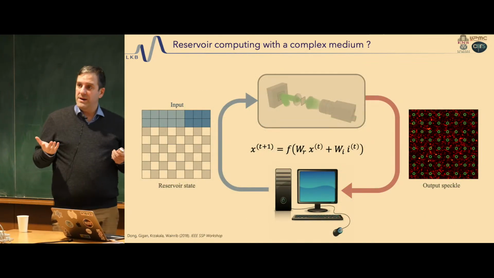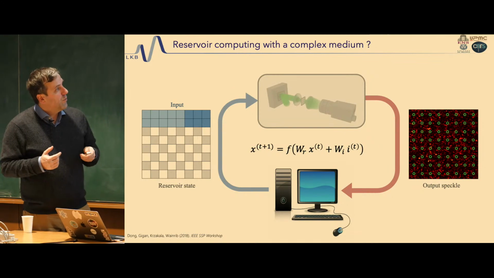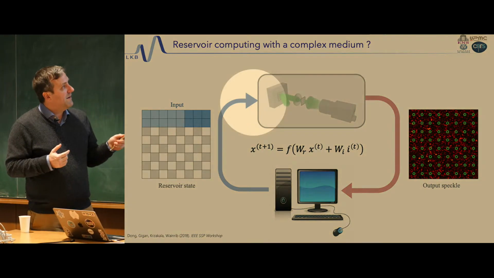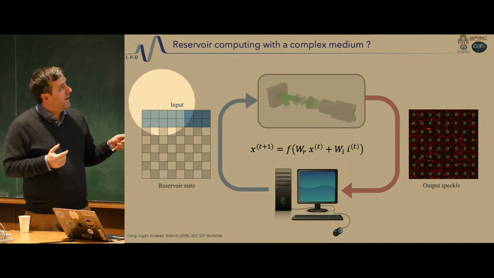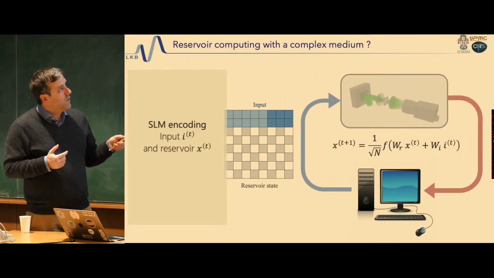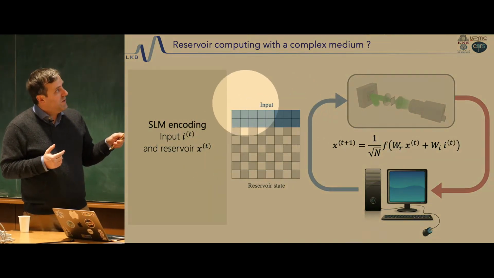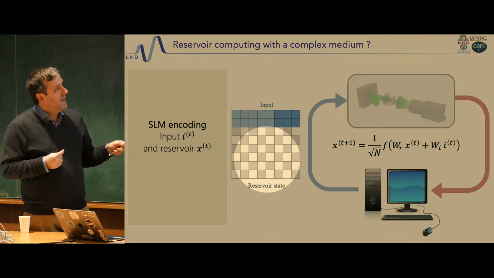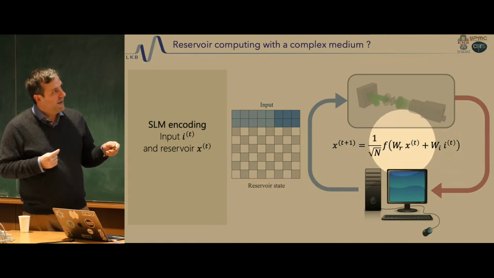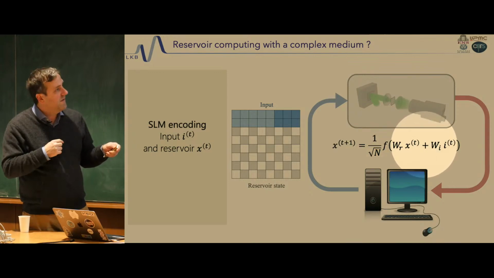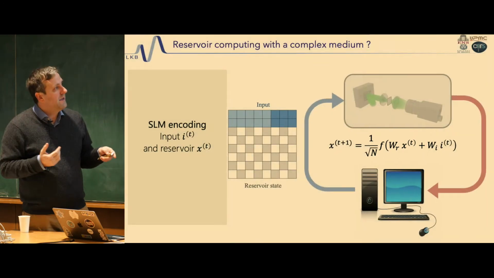Okay, so how did we implement reservoir computing in our case? We have an optical setup where we basically encode on the SLM the input that we want to train on and the reservoir states. Then we go through the medium, and the medium will basically perform the matrix multiplication on both of these things, and then apply a nonlinearity on the camera.